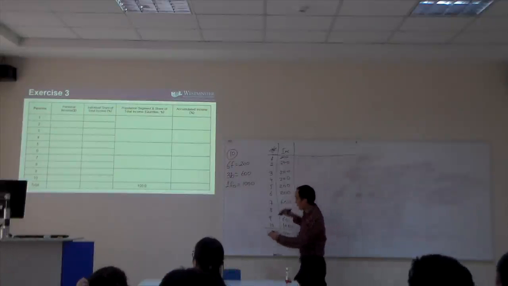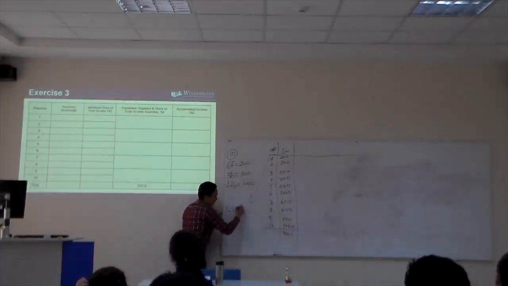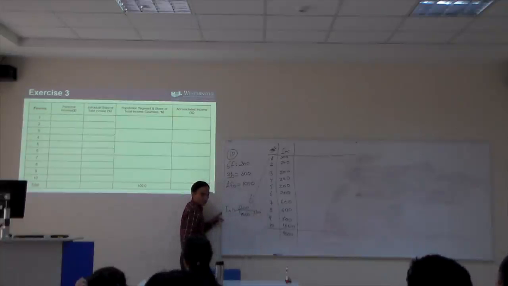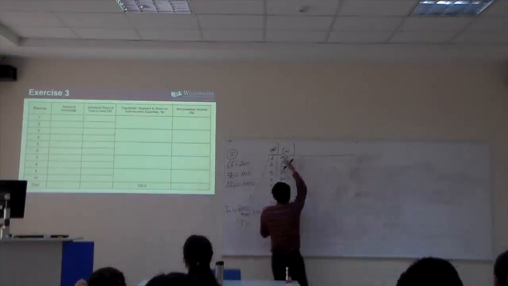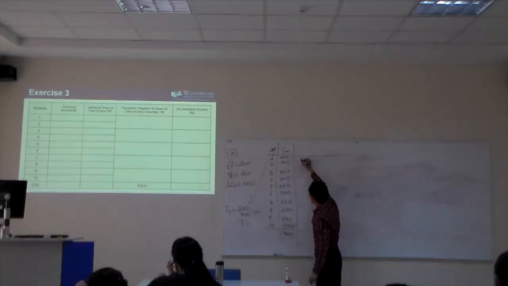For individual 1, we know his income is $200, divided by the total, which is 4,000, times 100. So which gives us 5%. So the share of individual 1's income is 5%.